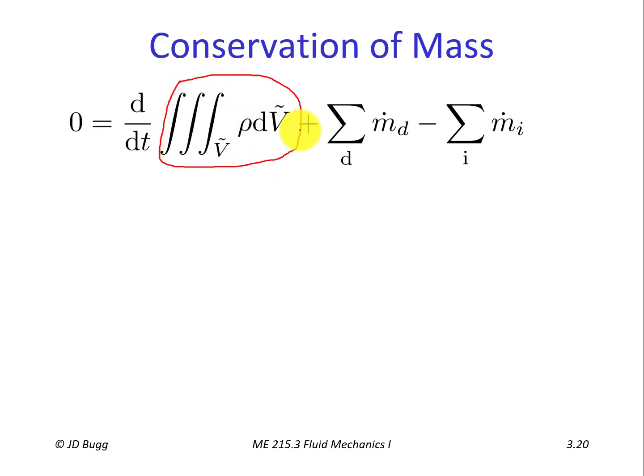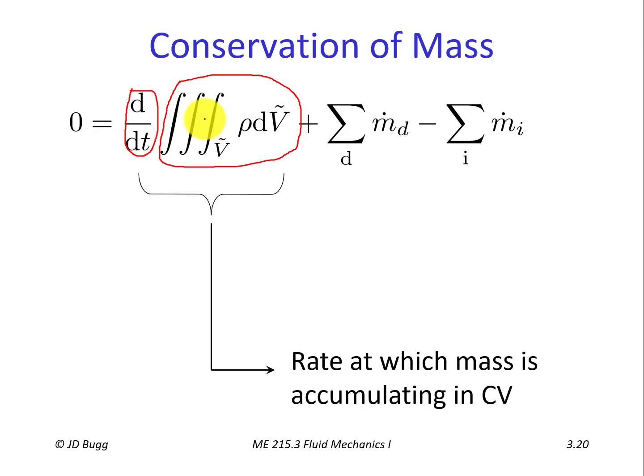That's the total mass in the control volume. But we always have to remember that this term has a derivative out front here as well. So this is the rate of change of mass in the control volume. This is the rate at which mass is accumulating in the control volume.